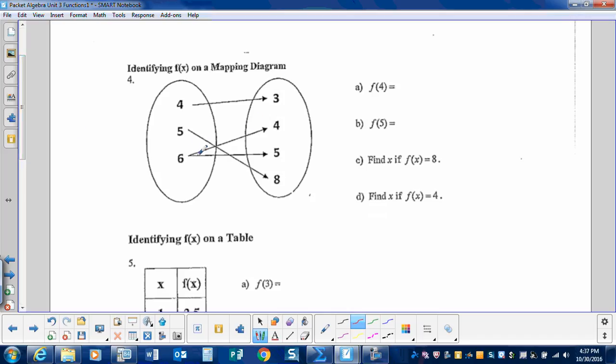We have a mistake here. This isn't a function. That wasn't intentional. So let's just pretend that it's a function. So when x is 4, y is 3. When x is 5, y is 8. And when y is 8, x is 5. And when y is 4, x is 6.